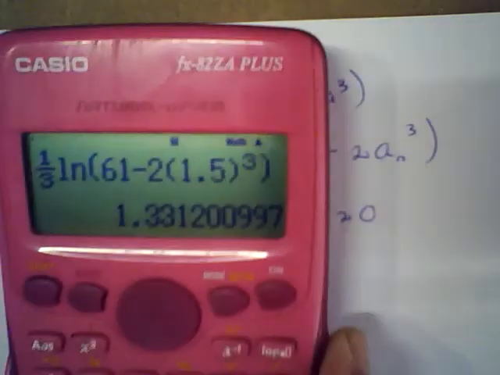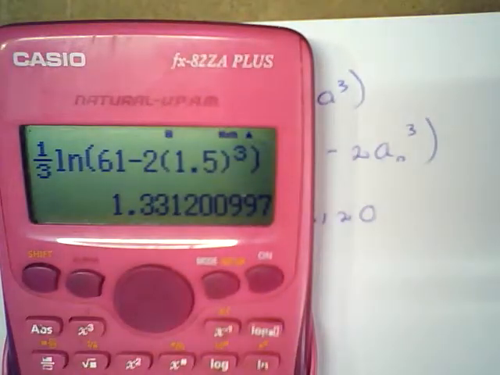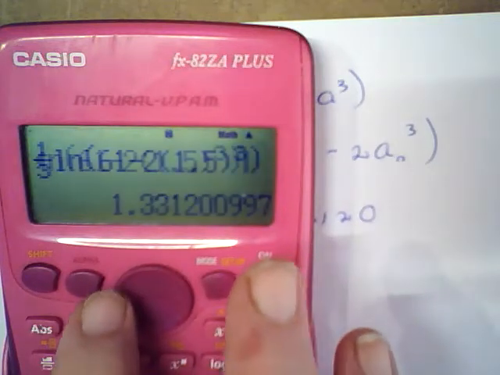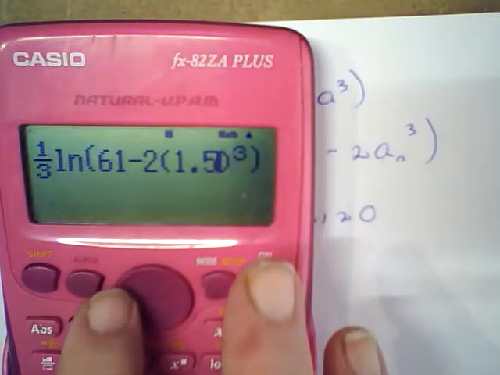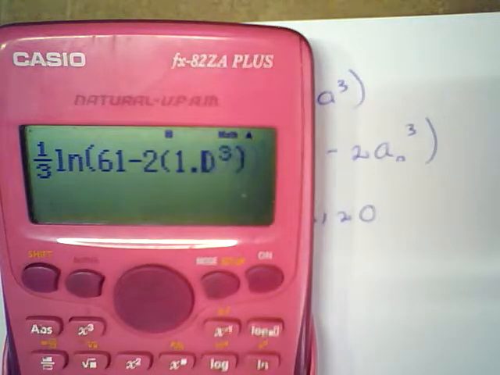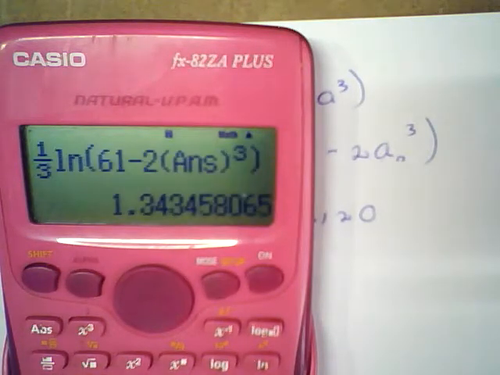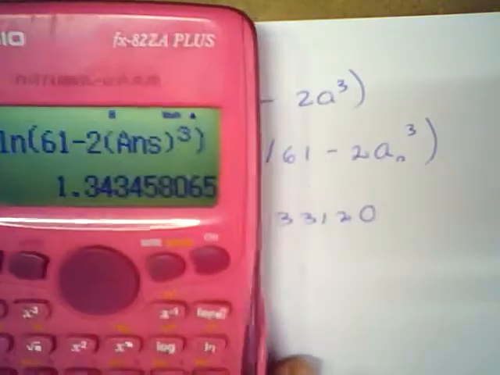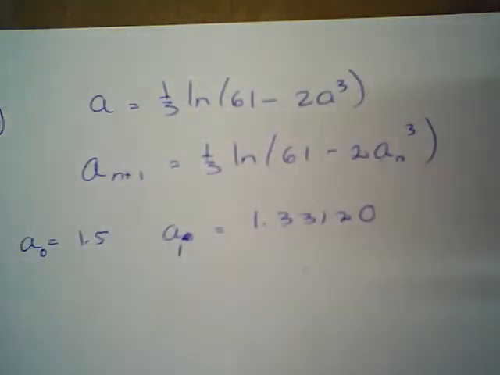Okay, now for the next iteration, I'm going to go back into my equation there, and instead of putting the 1.5, I'm going to press answer. From there onwards, the only thing that I need to do is press the equal button, and that would give me my next iteration. Let me write it down.